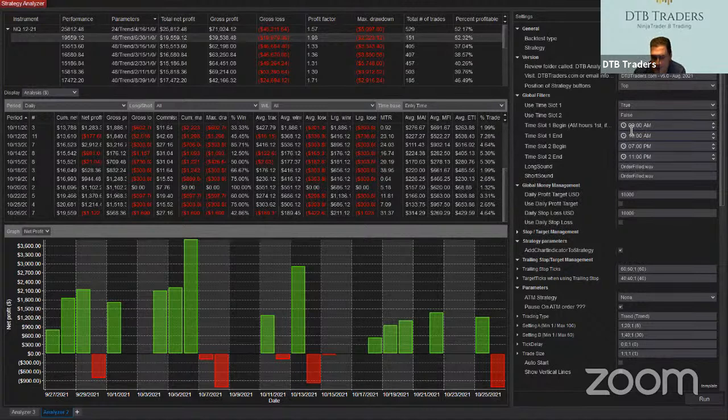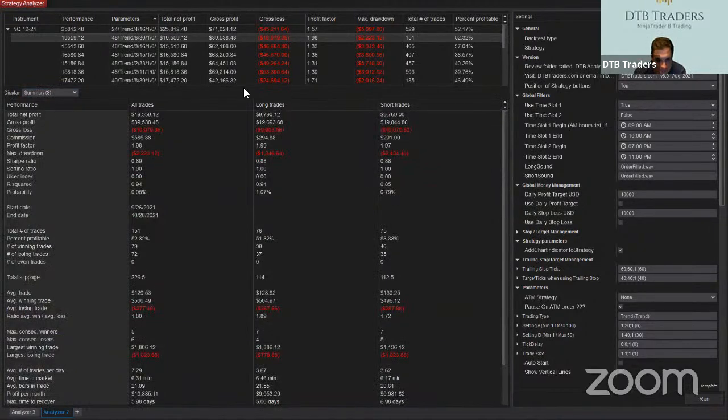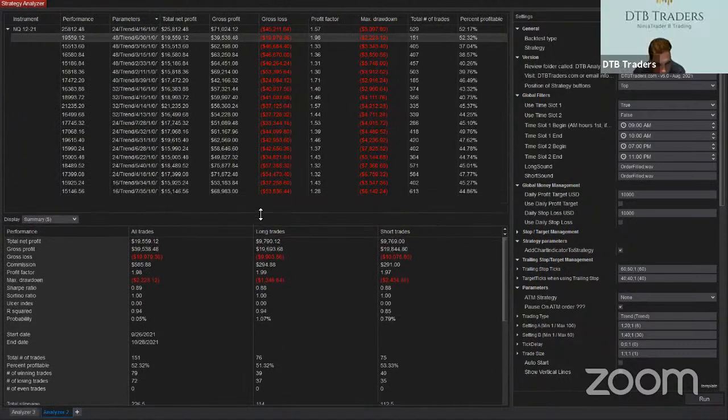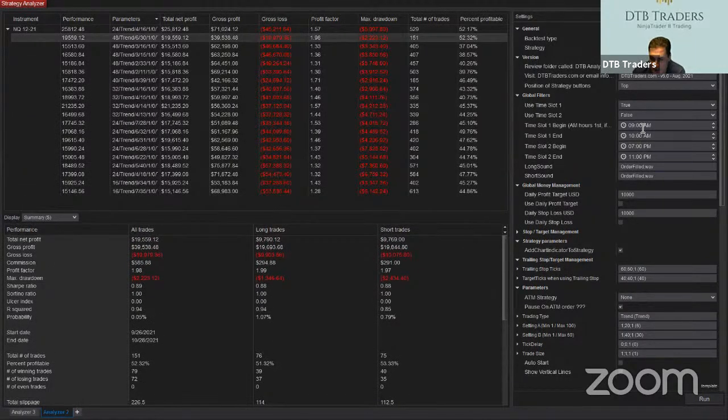The strategy analyzes all the data, and then it spits out the best results that have worked between 9 a.m. and 10 a.m., Monday to Friday. So these results are only for that specific period of the day.